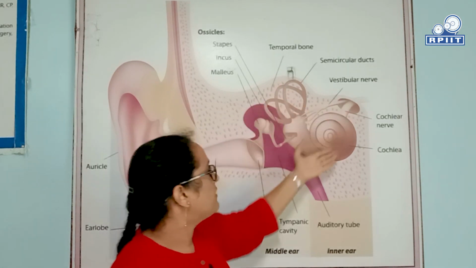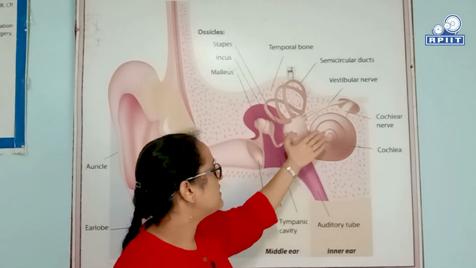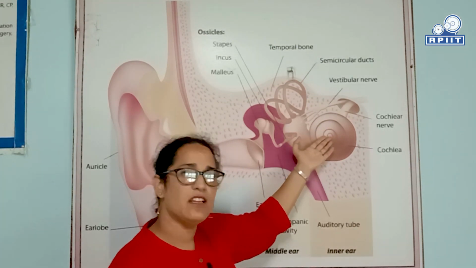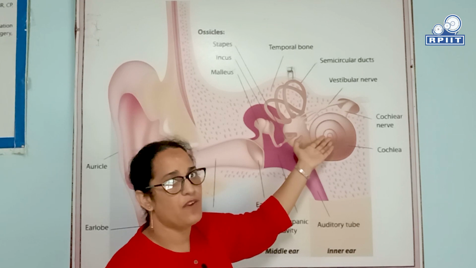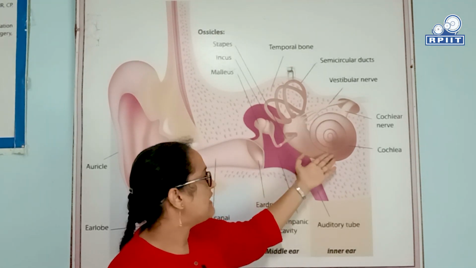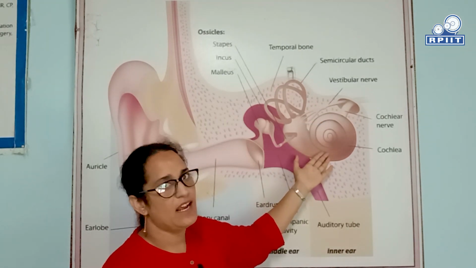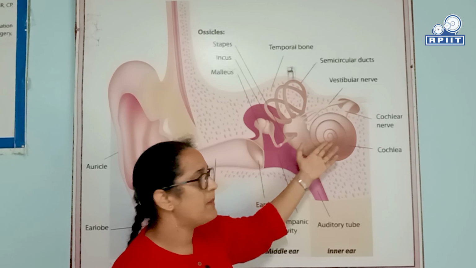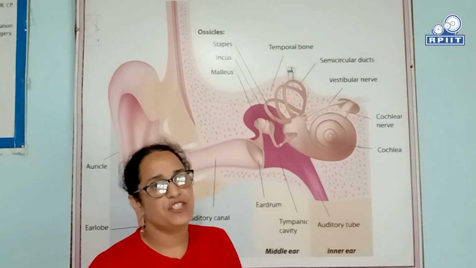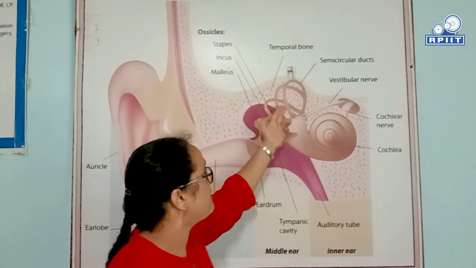As I said, in the inner ear there is the cochlea. The cochlea contains scala tympani, scala vestibuli and scala media. Scala tympani and scala vestibuli contain a watery fluid called perilymph, whereas scala media contains a watery fluid called endolymph. Here we can see the semicircular canal.